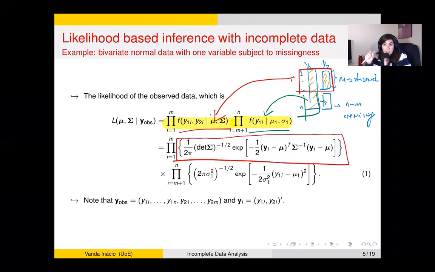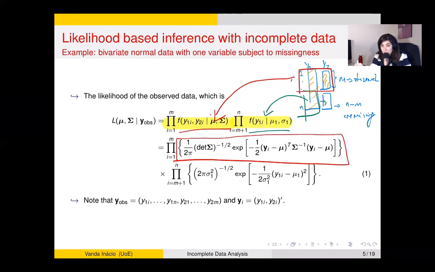My mean vector is mu1, mu2, so the mean of y1 is mu1, and the diagonal of the variance covariance matrix is sigma 1 squared, sigma 2 squared, so the variance of y1 is sigma 1 squared.